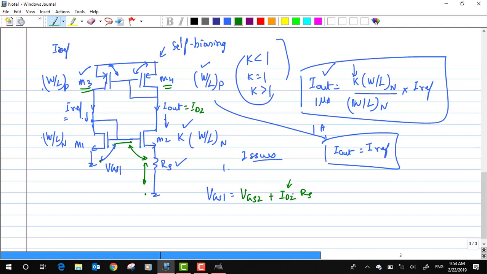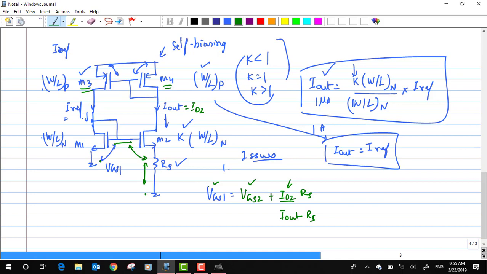So since I want to derive an expression out of my I out, I will replace this ID2 in terms of I out, because it is the same current that flows. And I also want to replace VGS1 as well as VGS2 in terms of their corresponding currents, okay.